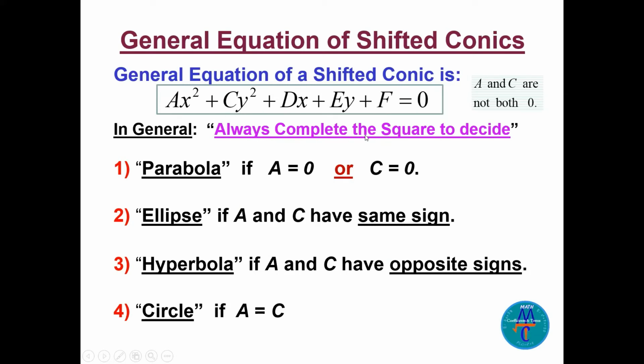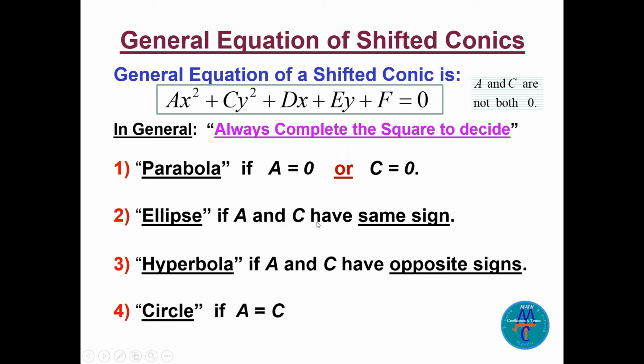Always you have to complete the square on x and y to decide what the equation is. It can be a parabola if A is equal to 0 or C is equal to 0. A and C are not both zeros, because then we will have only a straight line. So either A is equal to 0 or C is equal to 0, or none.